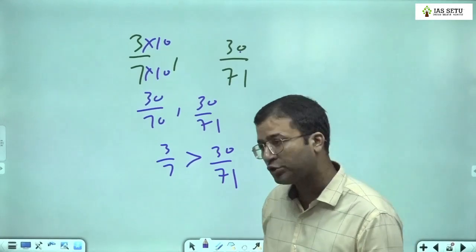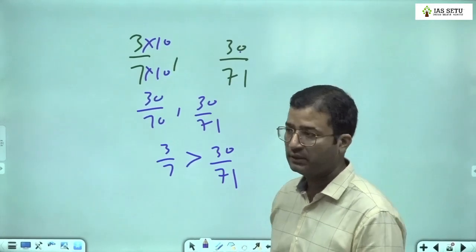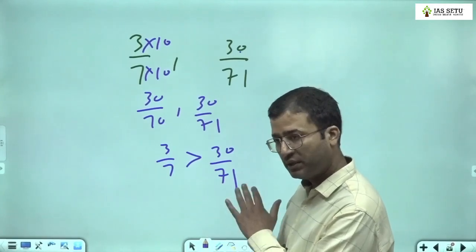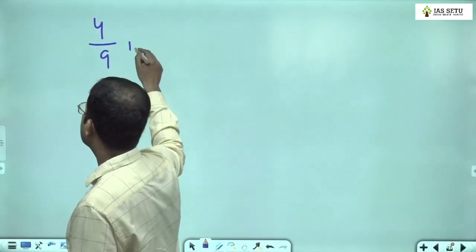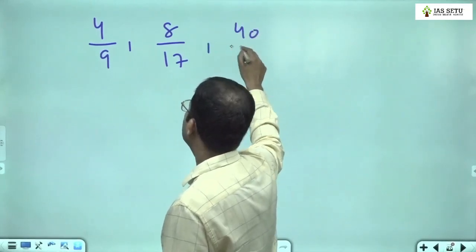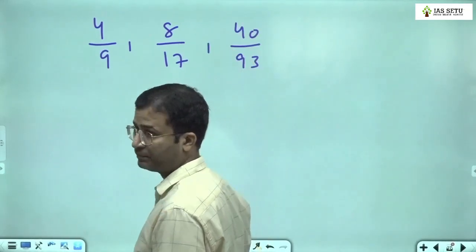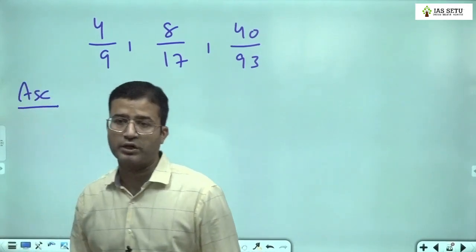If your numerator is not constant, we can make our numerator constant if it is easy. Otherwise I have more, type 3, type 4, type 5 अभी बचा है. Take your time. 4 by 9, 8 by 17, 40 by 93. You have to arrange these 3 fractions in ascending order.